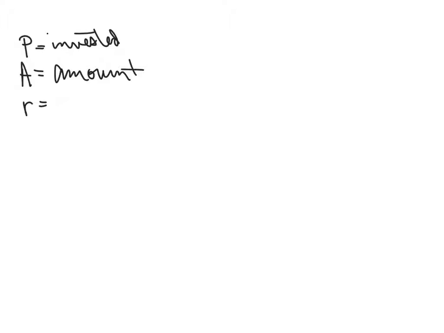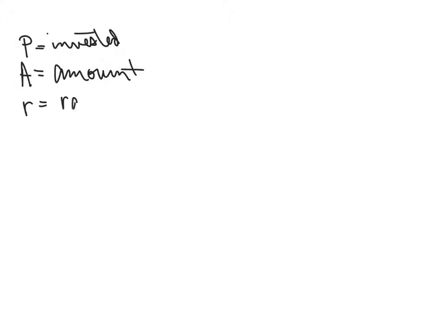Okay, so that's it as far as that part of it goes. Now we're going to jump into compound interest. Compound interest deals with principal, the amount you invested. It deals with A, which is the total amount at the end of the day when you take your interest and the amount you put in there and get a number, how much money you actually made.